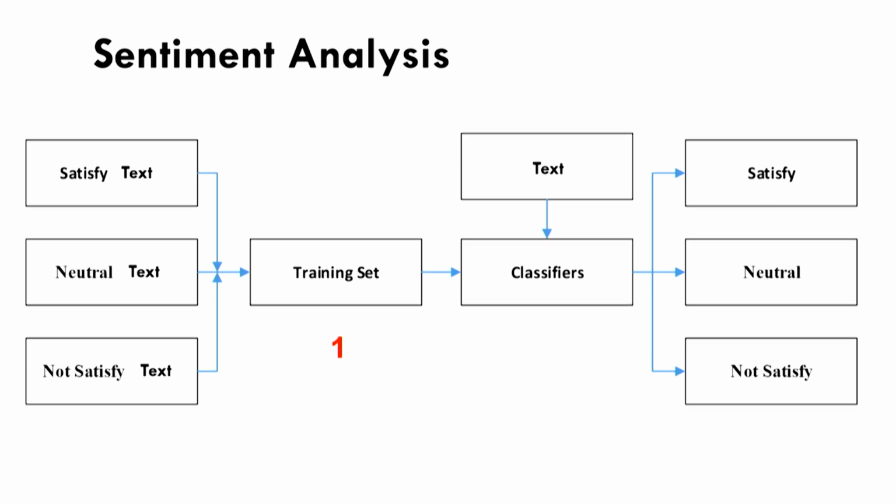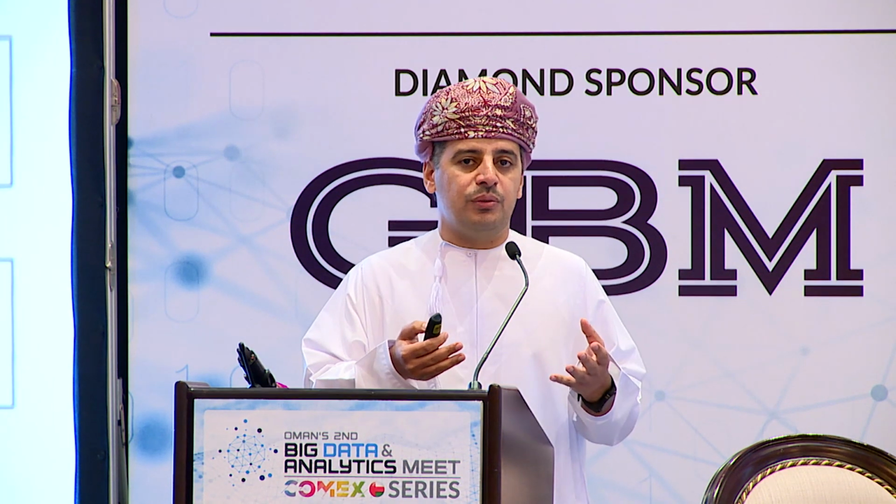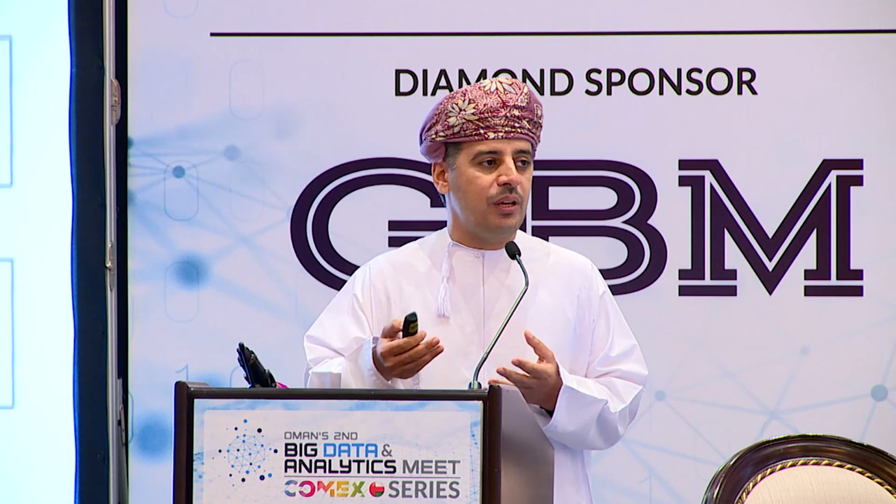The second part is called the classifier, where I can put my sentence in this classifier, and the system itself will use advanced AI to classify my sentence, or any type of paragraph, to decide whether I'm happy or not.